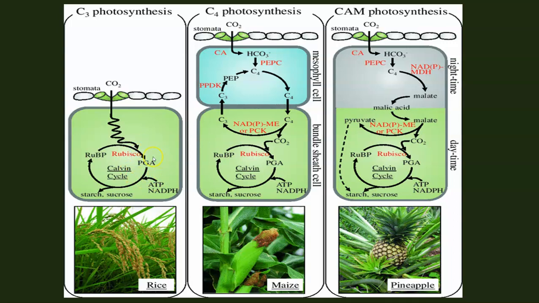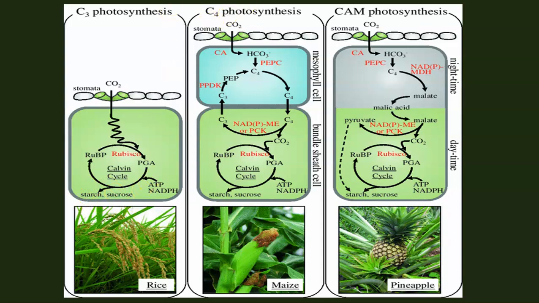So the first stable compound is your 3-carbon compound, hence it is also called your C3 pathway, and the pathway proceeds for the production of your glucose, sucrose, and starch is ultimately produced.